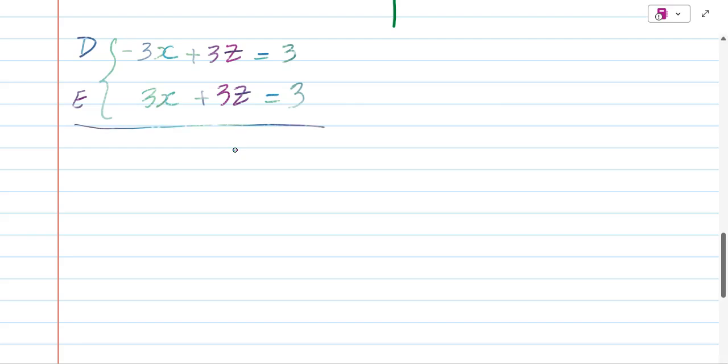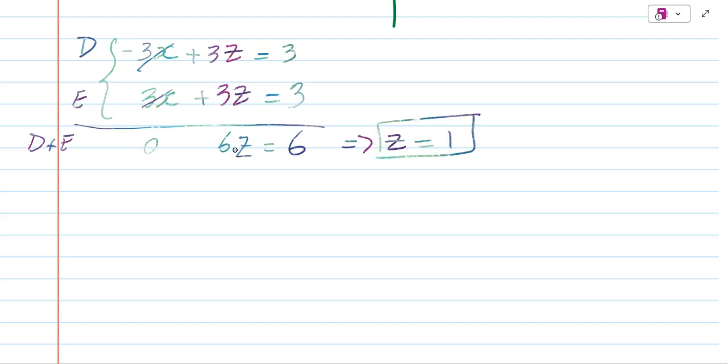So let's do equation D plus equation E, because minus 3x plus 3x is 0. Then 3z plus 3z is 6z, and 3 plus 3 is 6. So z is 1.